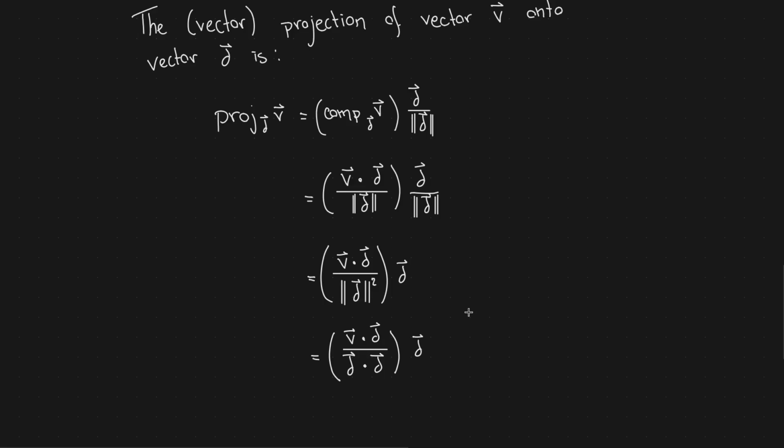And notice in each case, it is a scalar times a vector. It's scalar vector multiplication: this scalar times this vector, in each formula.